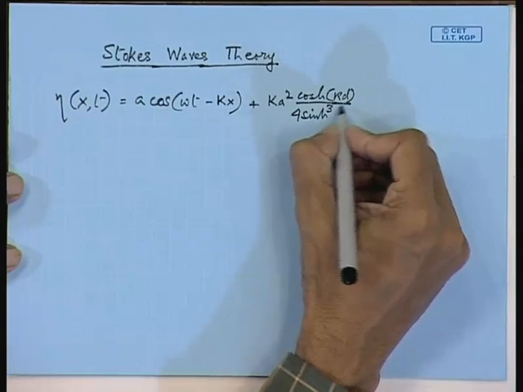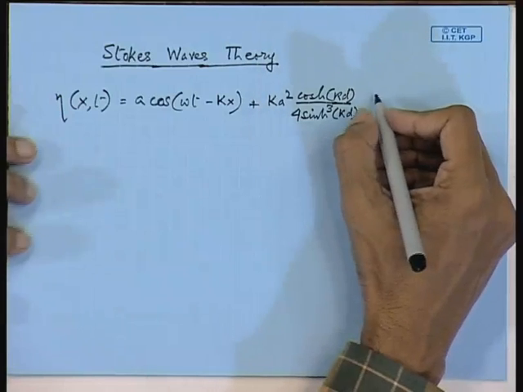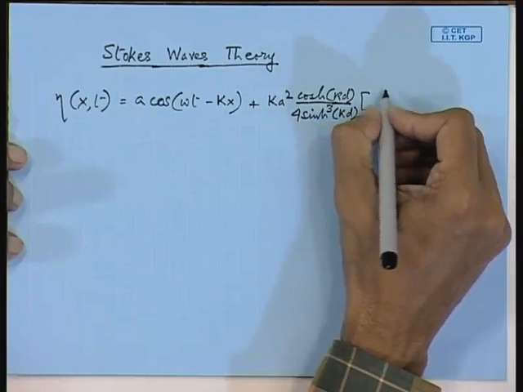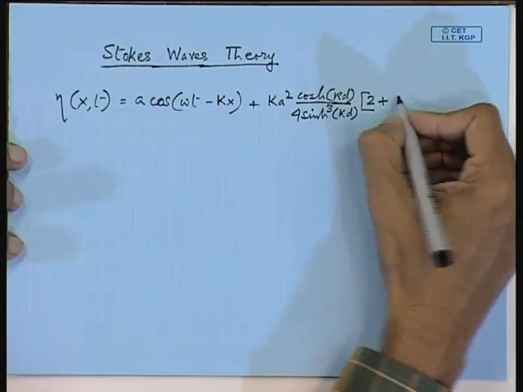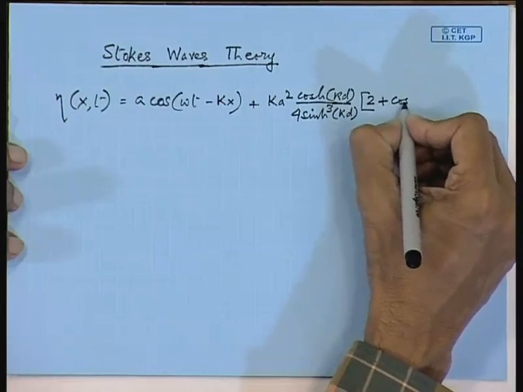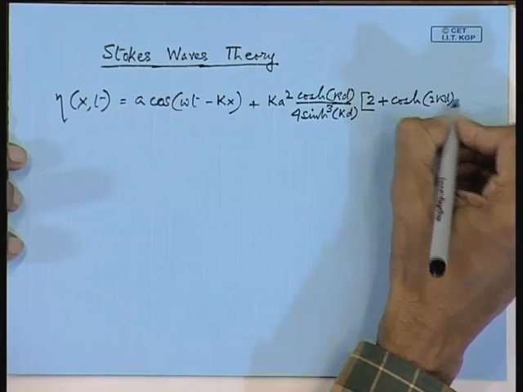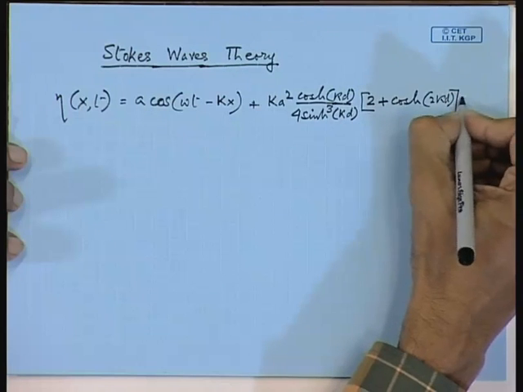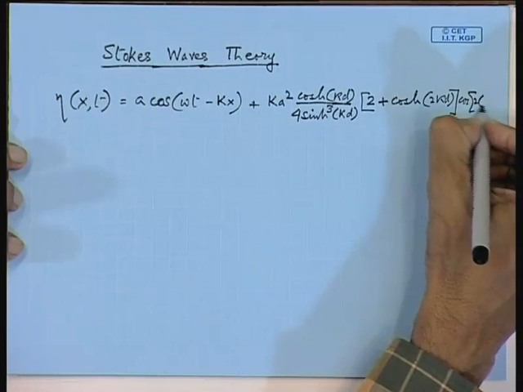So, this is your second order term, and it consists of the first and second harmonic. Why harmonic? You can see the second term is having a cos. So, this is your cos hyperbolic 2 k d, and this is cos of twice omega t, isn't it?